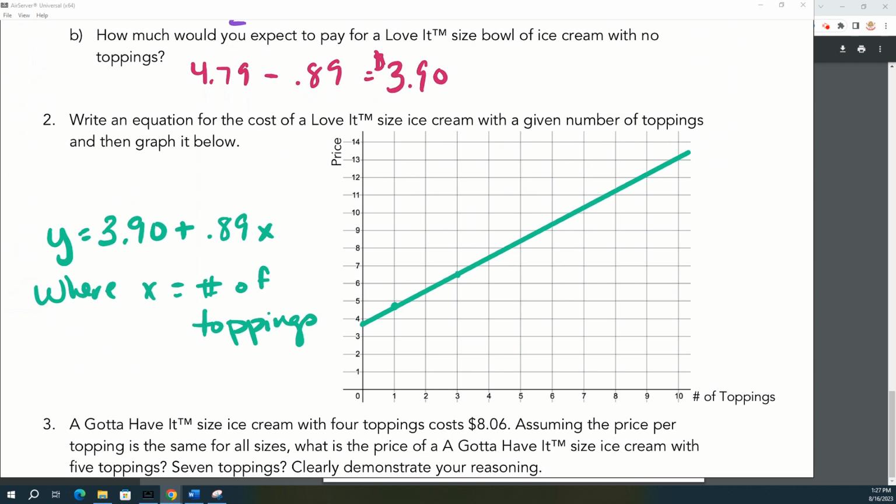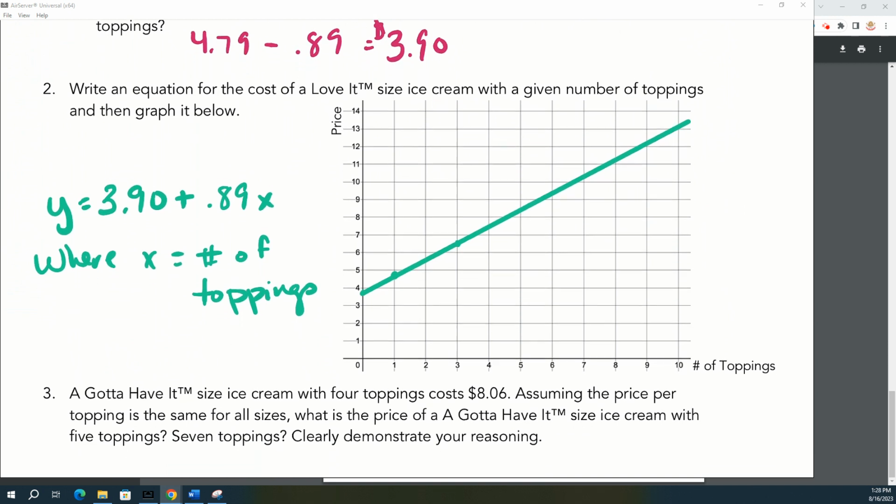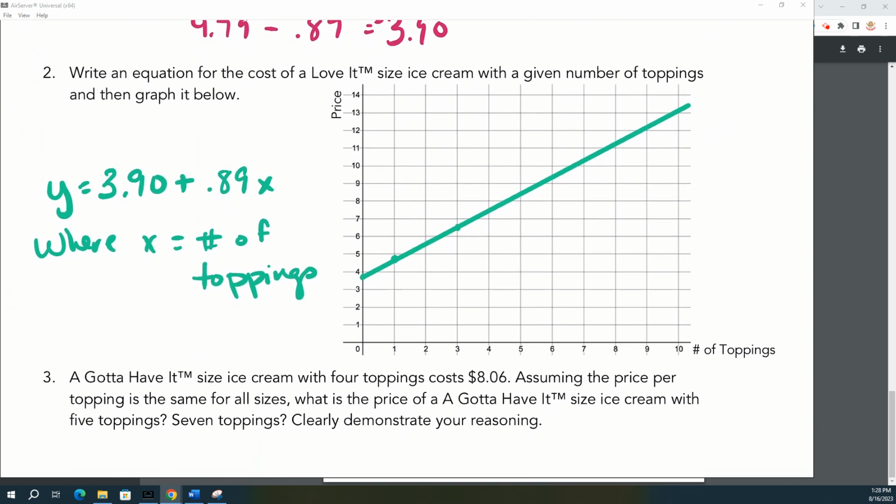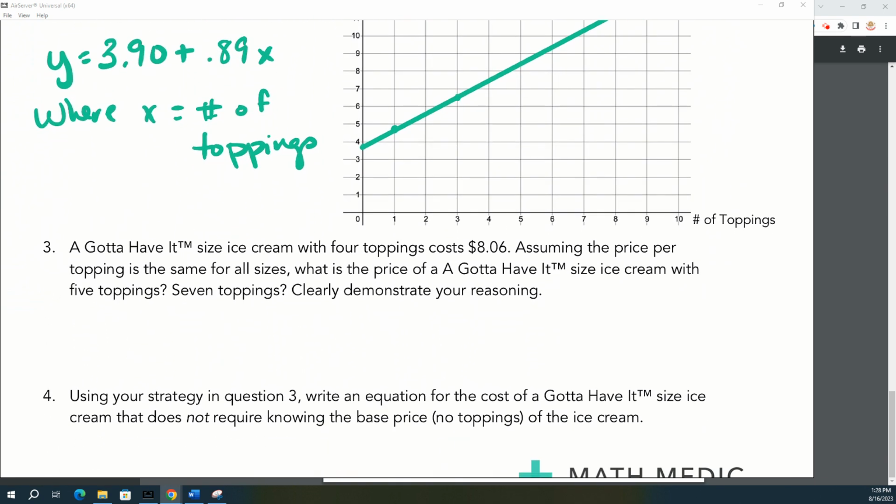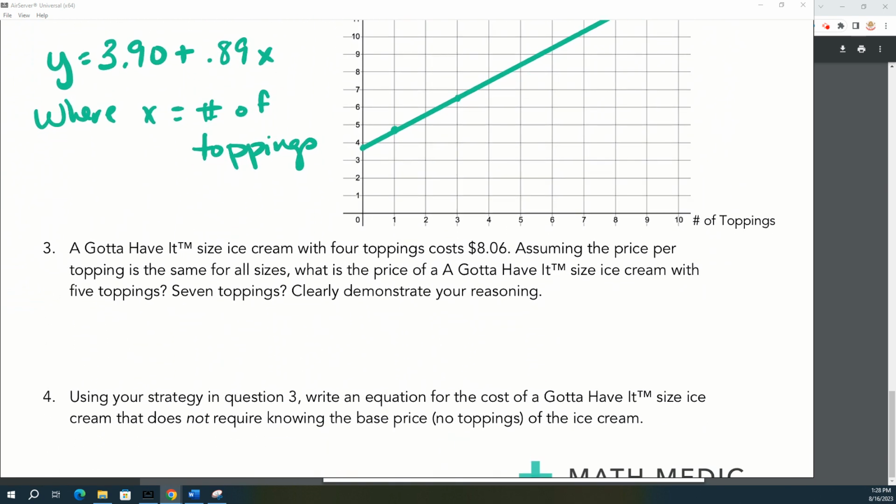Okay, and then number 3, we have the other size, the gotta have it size. And the toppings cost the same for all sizes. And so we know 4 toppings was 8.06. I saw a lot of you just using logic and your brain, knowing that for 5 toppings you would add 1 of the 0.89s.